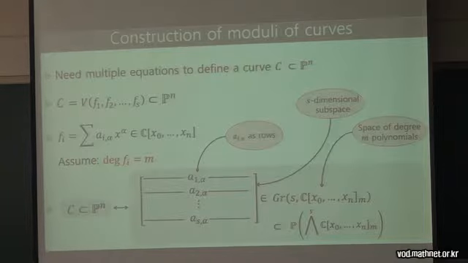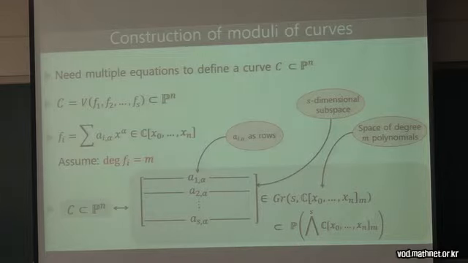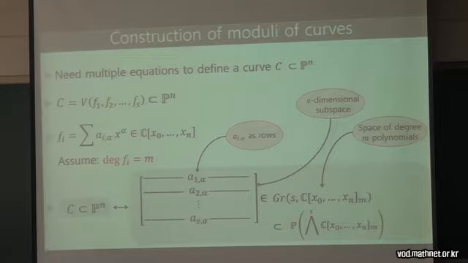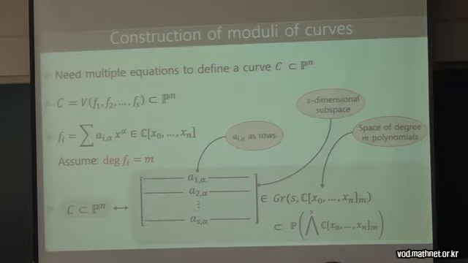Let me go back. Here the problem is, if I just use any kind of embedding, then I have no control over the number of equations that I need. So I want to use the same S for all the curves that I'm interested in, so that I use one parameter space, right?